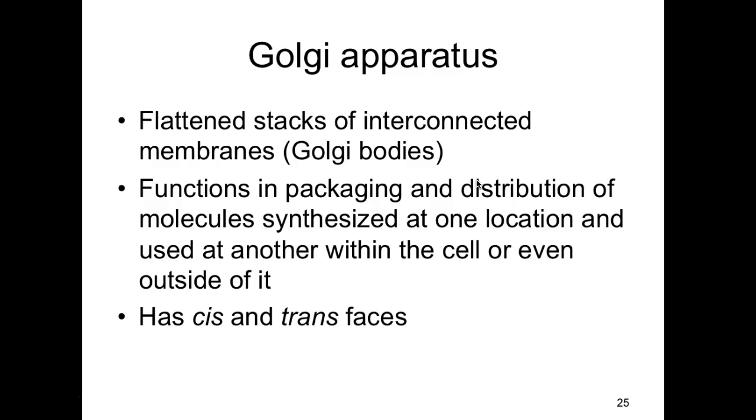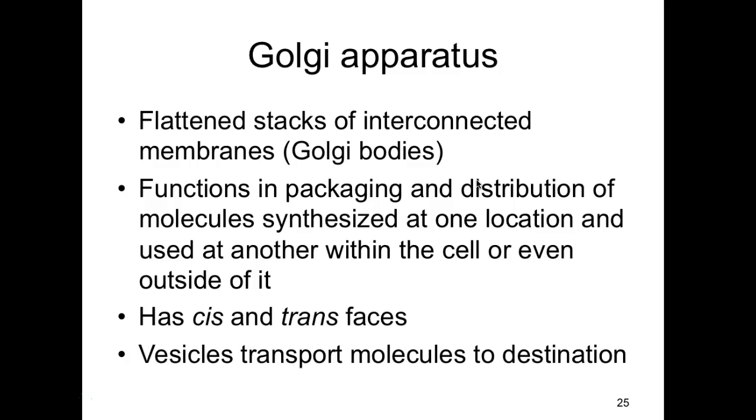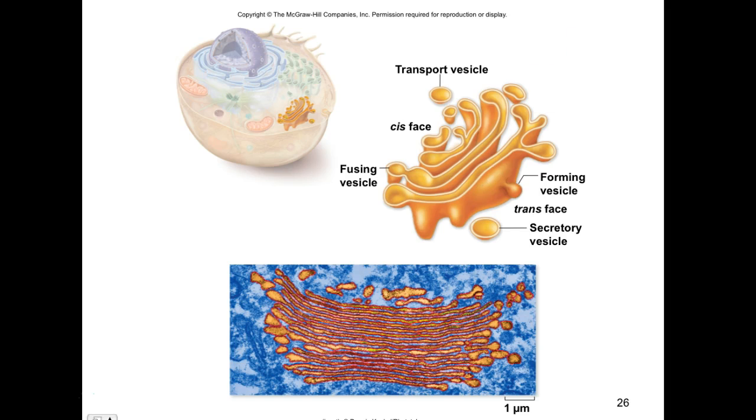The Golgi apparatus has a cis and a trans face, and we'll talk about that because that's going to play a role with what's going into and out of the Golgi apparatus. Basically, the vesicles transport molecules to their destination. So if we look, here is a transport vesicle, here's the cis face, here's the trans.